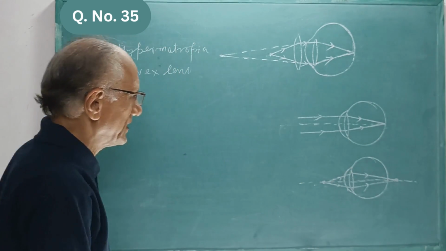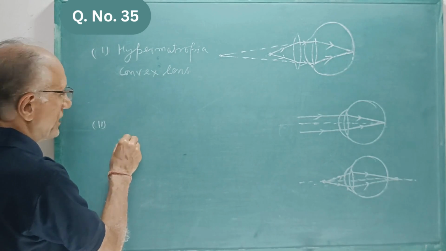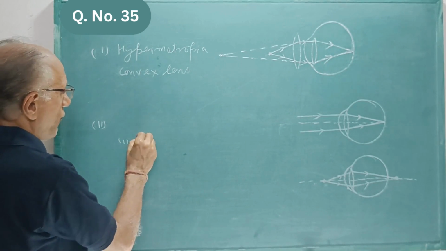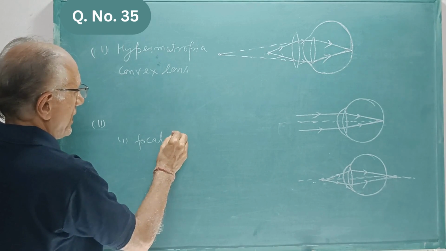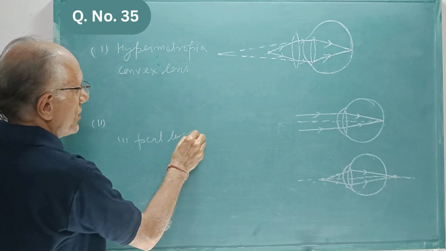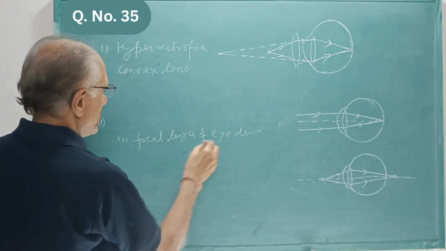And the reasons for this defect are, first reason, the focal length of the eye lens is increased.